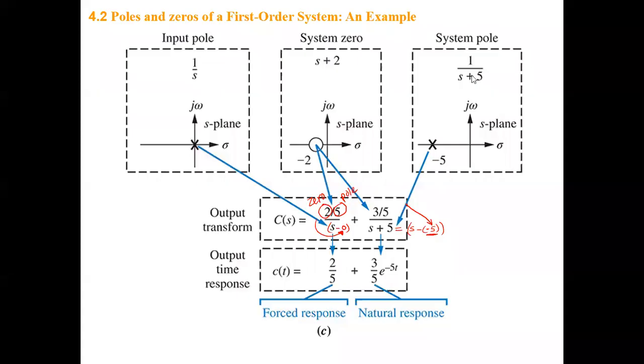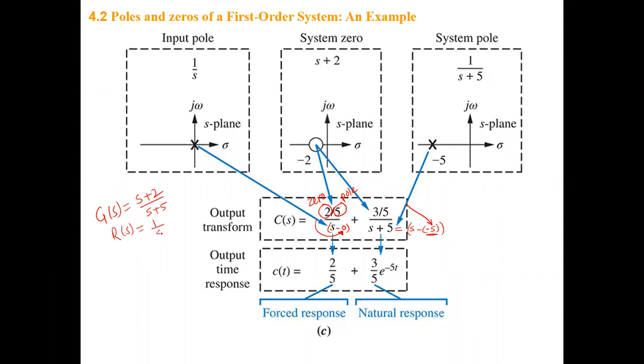Let's get started. So this is what we did in the past. Last time we were talking about the transfer function G(s). So what is the transfer function? G(s) is (s plus 2) over (s plus 5), right? Then our input was a step function.